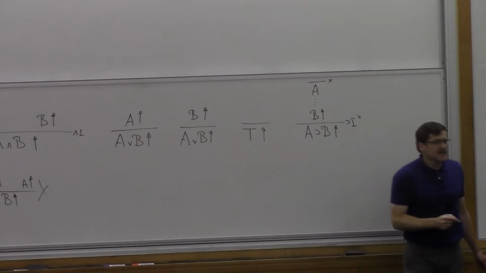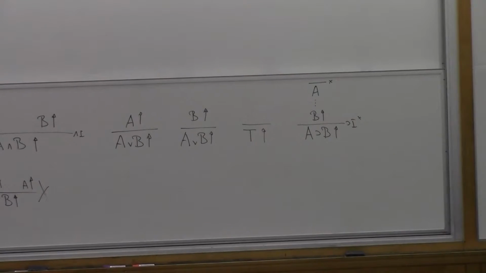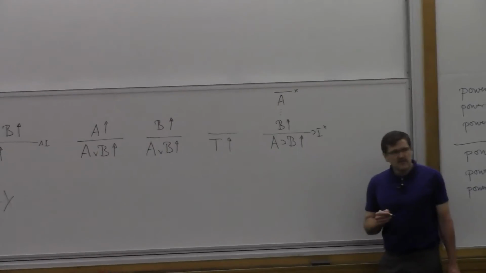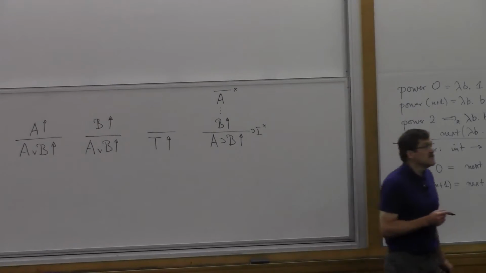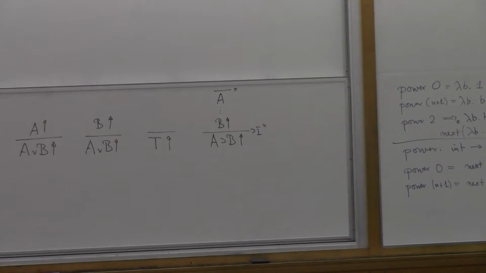At this point I'm getting into trouble. Why am I getting into trouble here? Right, I have no way of checking A. I can't build a verification of A. But what did I tell you about the elimination rules? I told you some very important facts about them.